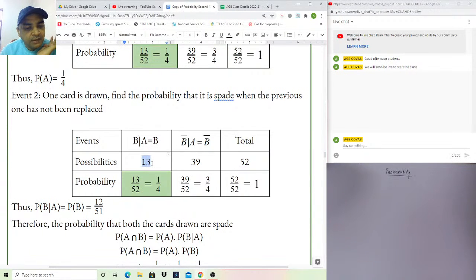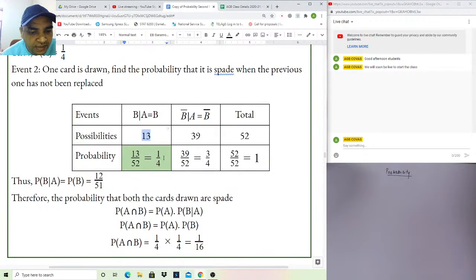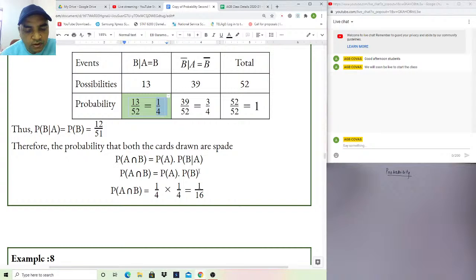It will be 13 because now there will be 13 spades. So again this probability will be 1 by 4, and hence when we use this formula, conditional probability need not be used, and simply P(A intersection B) will be equal to P(A) into P(B), which is equivalent to 1 by 4 into 1 by 4. So it comes out to be 1 by 16.